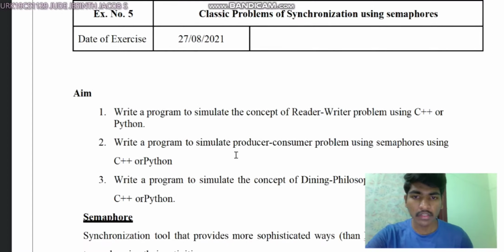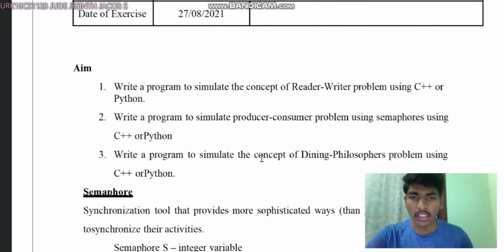Next is the producer-consumer problem using semaphores. The last question is the dining philosophers problem. We need to use C++ or Python.